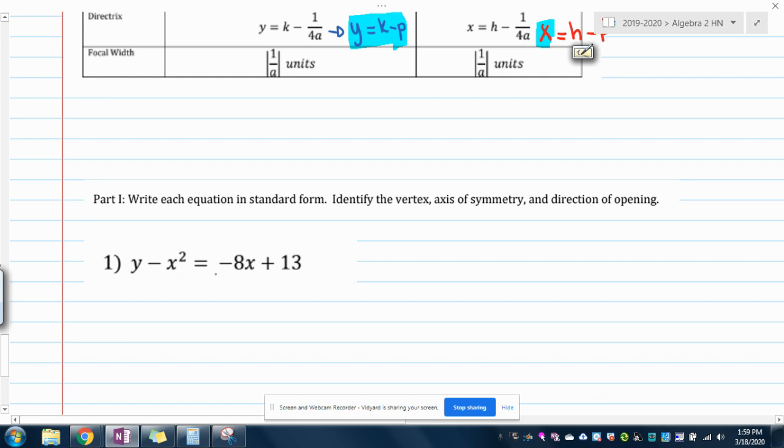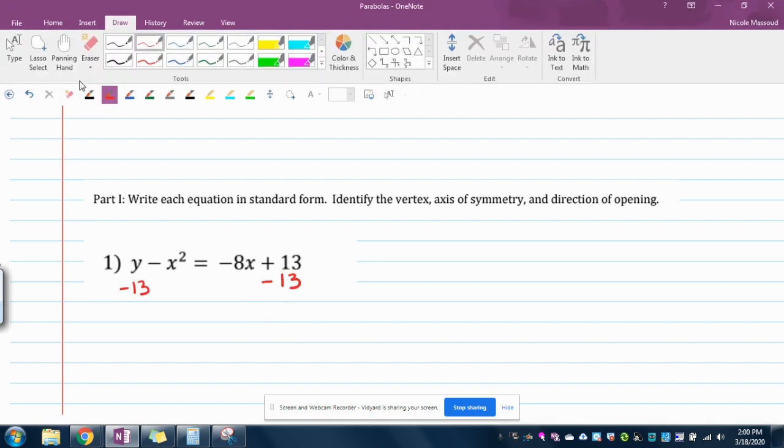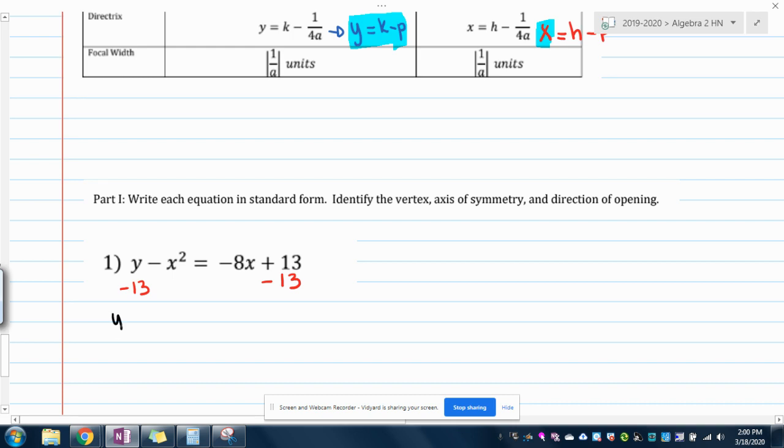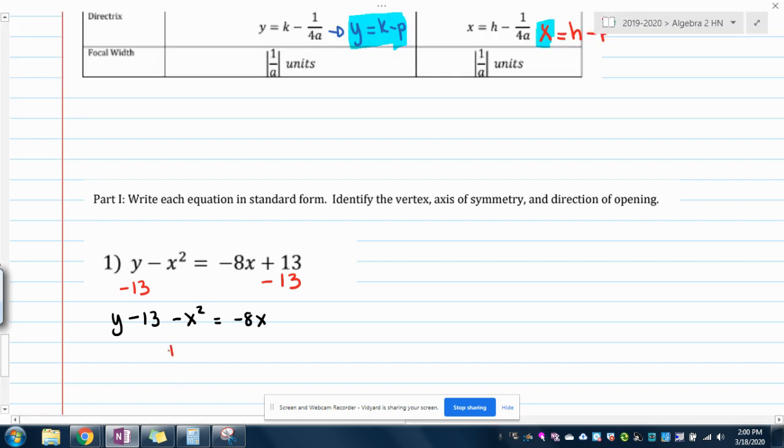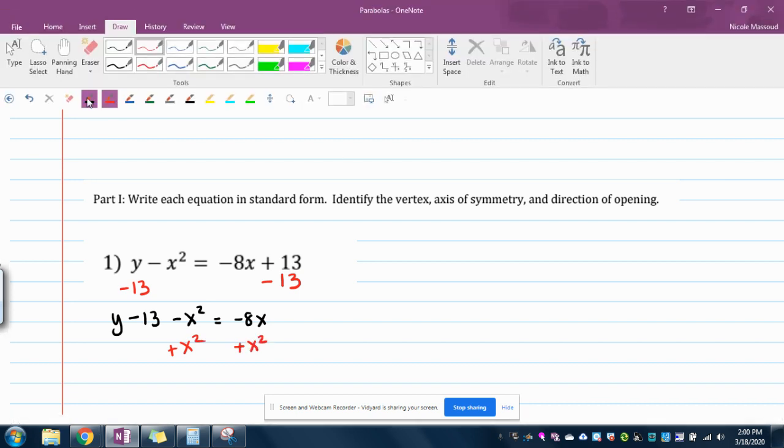So the first thing I want to do is get my x's together. Same concept as with ellipses. You want to group your variables, and I'm going to bring this 13 over. So I'm going to do minus 13, minus 13. So I have y - 13 - x^2 = -8x. And I'm going to bring over that x squared. We're going to have to complete the square again.